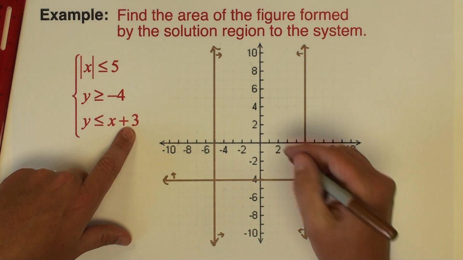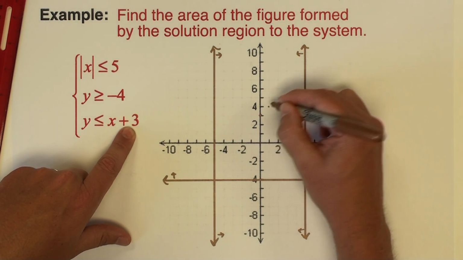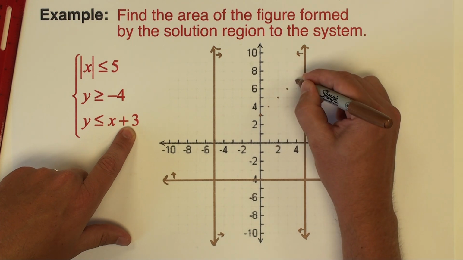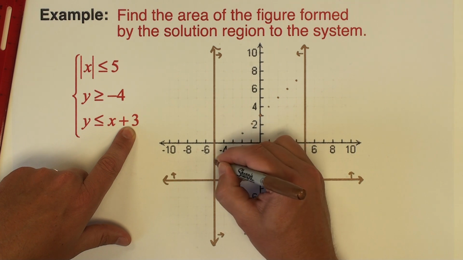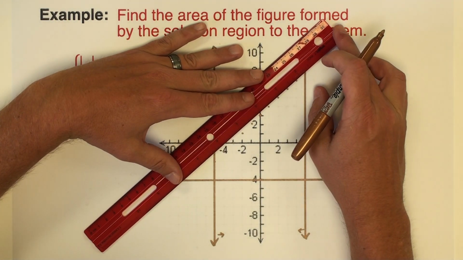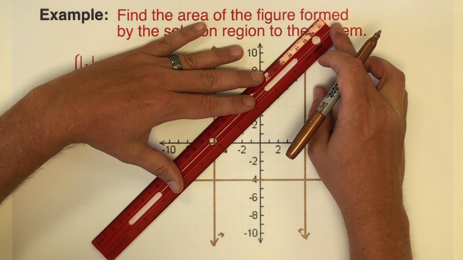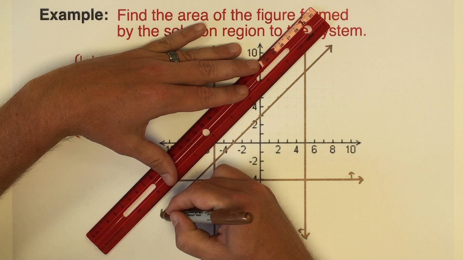And finally we have y is less than or equal to x plus 3. It's going to start at 3 right there, and the slope is 1, so we're just looking 1 over 1. That's an easy one to plot. It's also a solid line, so it will look about like that.